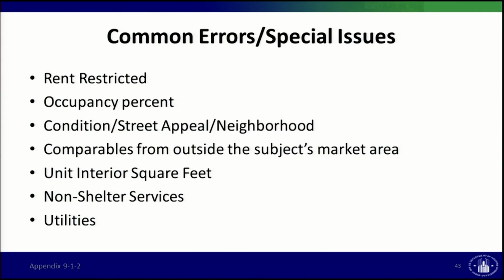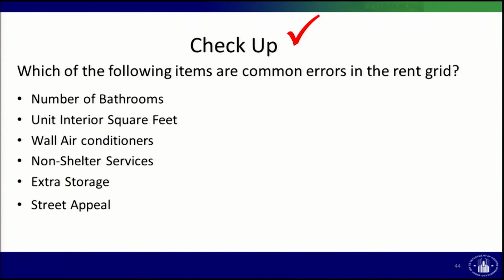The total net adjustments for these line items sometimes have exceeded $50 or 5% of the comparable's adjusted rent without supporting market-based evidence. Last, utilities. Again, a few appraisers have made an adjustment for these line items in utilities that exceeds the respective published housing authority allowance.